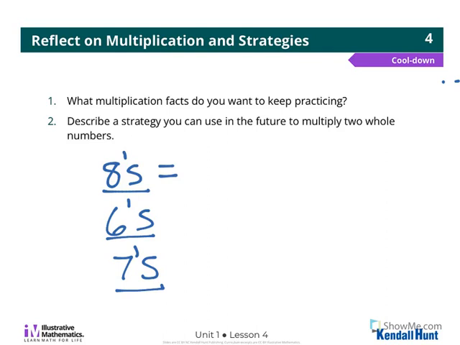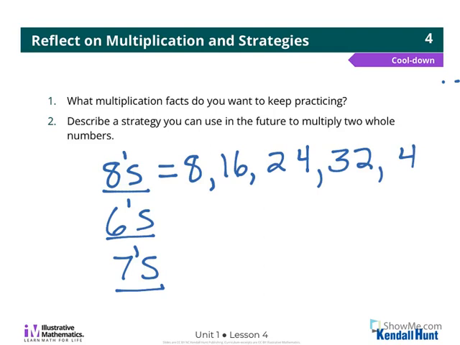For 8s, I'm thinking if I'm counting by 8, 8, 16, 24, 32, 40. One thing I notice with 8s that helps me is it's always going to be an even number.